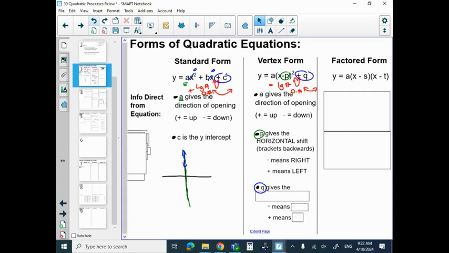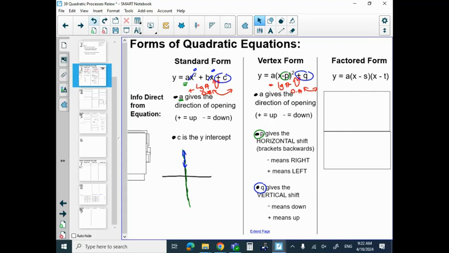Anyway, so Q gives the vertical shift, right? And so it's the normal stuff. Negative in this case means down, and positive means up. Okay, so that's the information you know from vertex form. Or supposed to know by now, should know by now, hope you know by now.